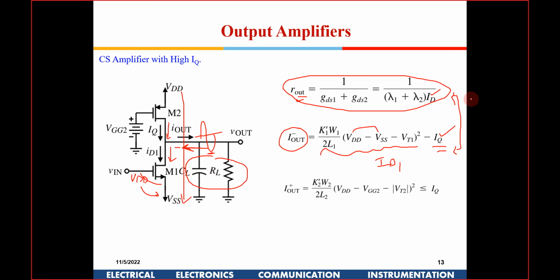We are not considering the load in that case. R out should be less than RL, so that the gain is not dependent on RL. Whatever is the expected load, I will try to keep R out less than that. Obviously, the trade-off is that high power will be dissipated in this circuit. There will be no voltage gain from here to here, only power gain. Is it okay till here?